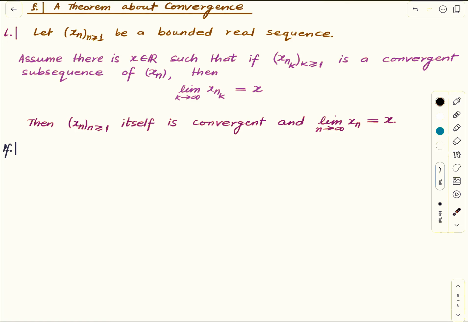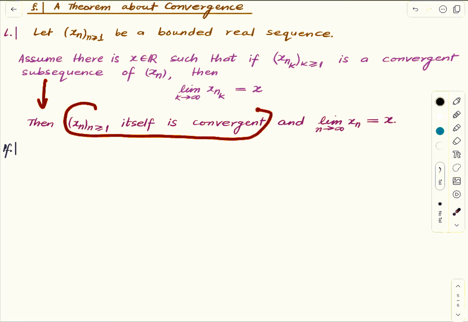We are saying fix a bounded real sequence with the property that all convergent subsequences of it converge to the same limit. We are not demanding that all subsequences of it converge, because that is the same as demanding that the sequence itself converges. We are demanding that if a subsequence converges, it will converge to the same point. But as a consequence, we will show that actually all subsequences converge.